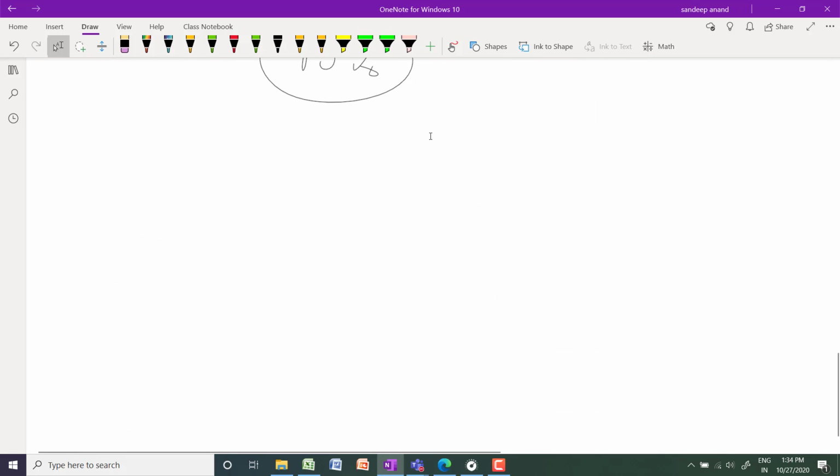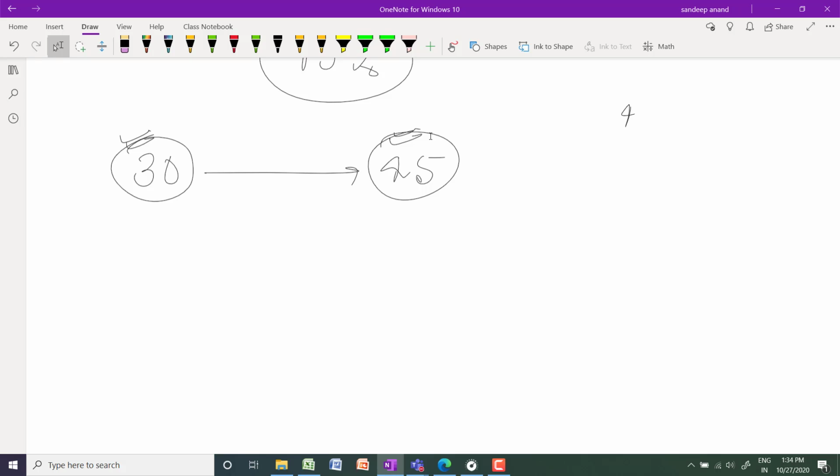But suppose my base is 30, and here I have 45. This is 30, and after this it is 45, and then I find the net change in area. It doesn't mean that you simply subtract 45 minus 30, get 15%, and write 15% change in area. It is absolutely wrong. So how do you calculate percentage change?